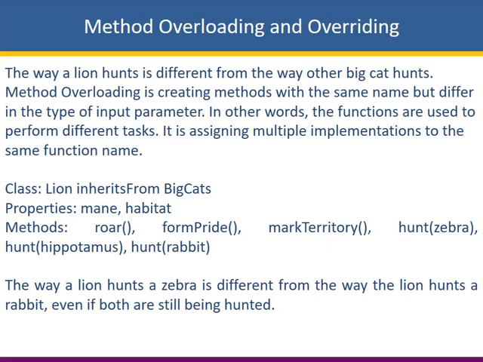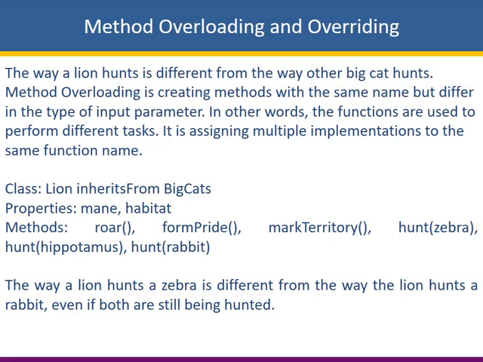Let's see the example here. The same lion class, where lion inherits from big cat, has the hunt method, and we have hunt zebra, hunt hippopotamus, hunt rabbit. The way a lion hunts a zebra is different from the way the lion hunts a rabbit.